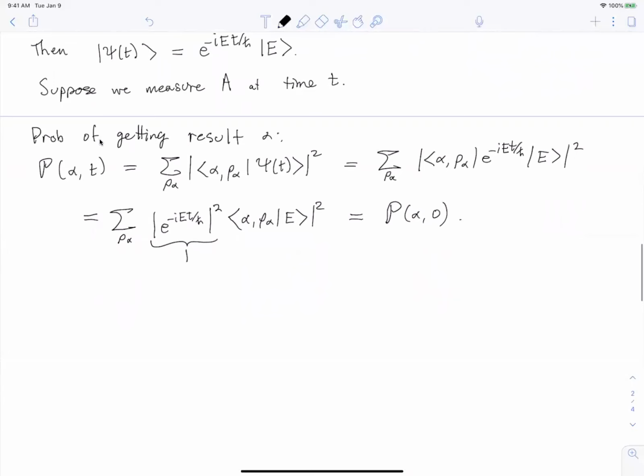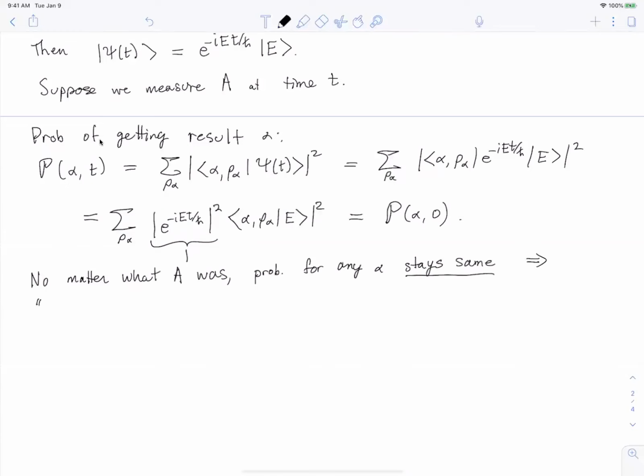So just to formalize that, no matter what your observable was, the probability for any particular alpha stays the same as time goes on. And so that's why it's called the stationary state.